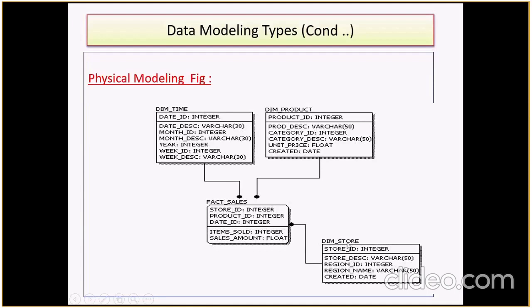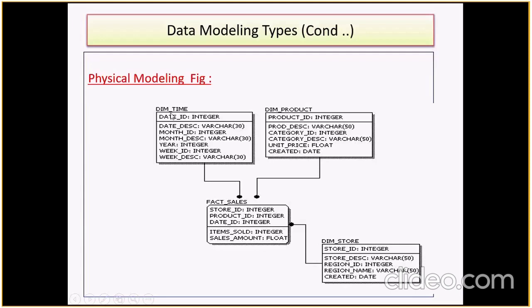This store ID is stored in the dim store, and that store has all the information like store ID, store description, where it is located, the region name, and when it was created. About product, we have product ID, product description, category, category description, the price of that product, and when it was created.